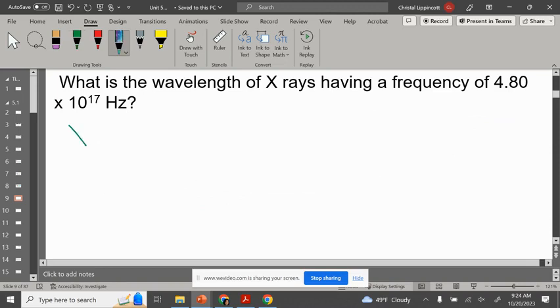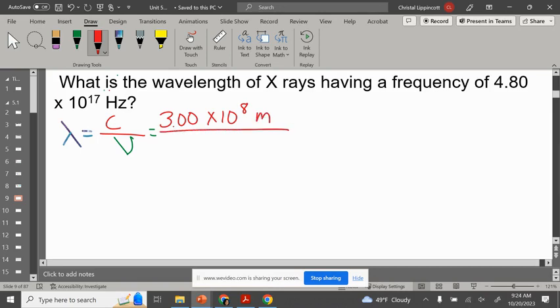So, wavelength is going to equal our speed of light over our frequency. Everybody okay with me rearranging this equation?